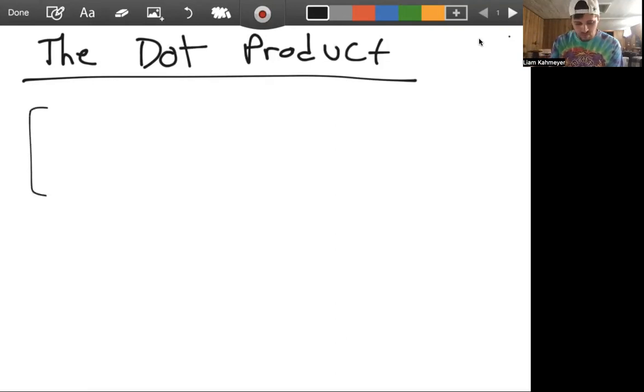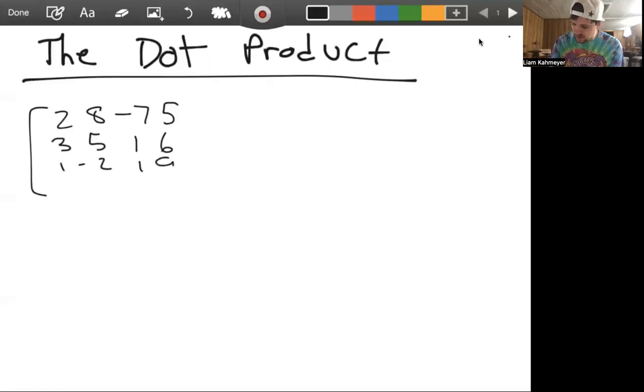Let's say we have the two matrices 2, 8, -7, 5, 3, 5, 1, 6, 1, -2, 1, 9, 4, 0, 8, -3.